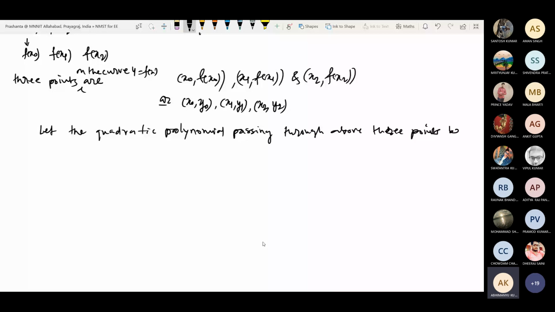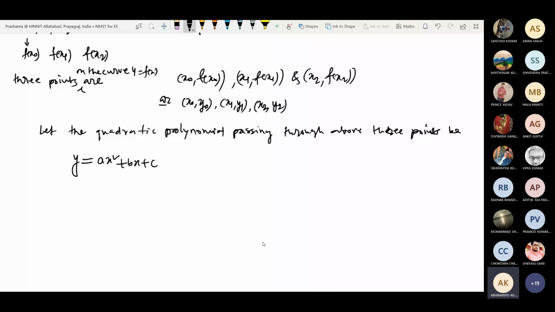Take an arbitrary parabola, ax square plus bx plus c. Now you may assume this is the arbitrary equation of a quadratic polynomial or parabola. Now you know that this parabola is passing through the points (x0, y0), (x1, y1) and (x2, y2). So you will get 3 equations, 3 unknowns, and you can solve them to get the values of a, b, c. If you consider this kind of expression, the calculation will be a bit lengthy.